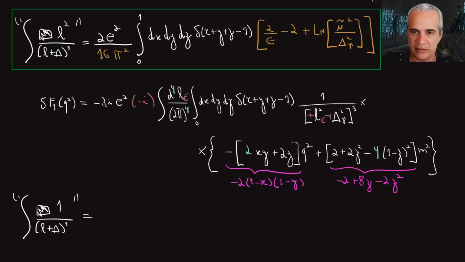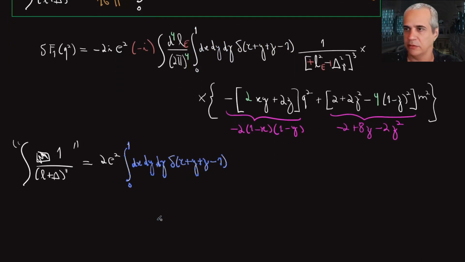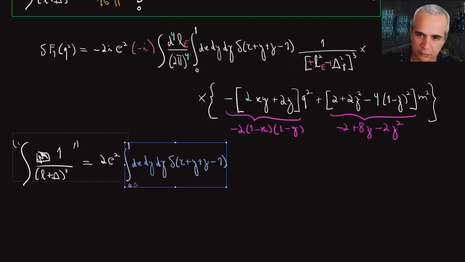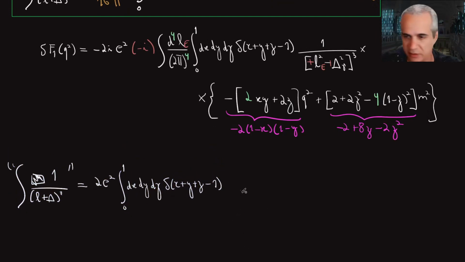So that's 2e squared. In principle, I have a minus here, but you see I'll compensate inside the integrals. I have the integral on the Feynman parameters. Let me copy that here.